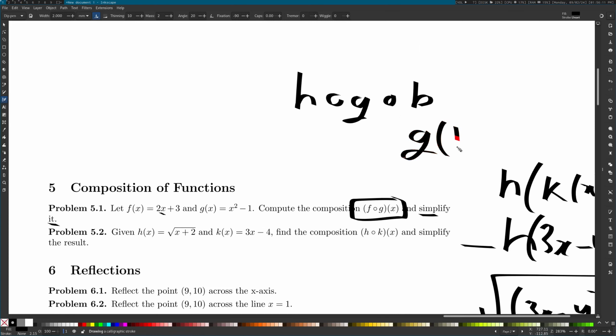What's the domain of that? Is it anything bigger than -2 over 3?